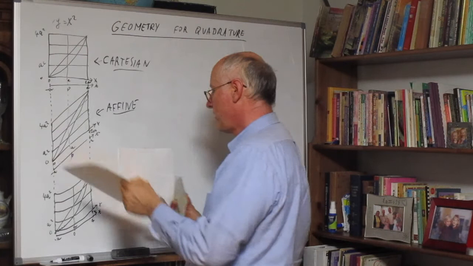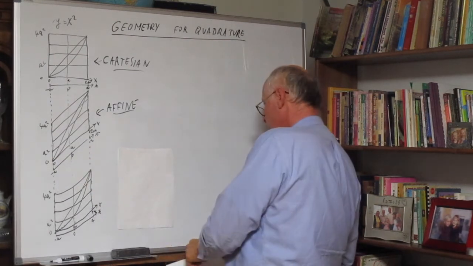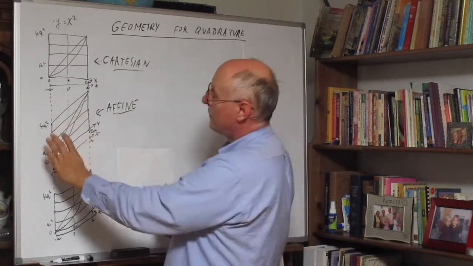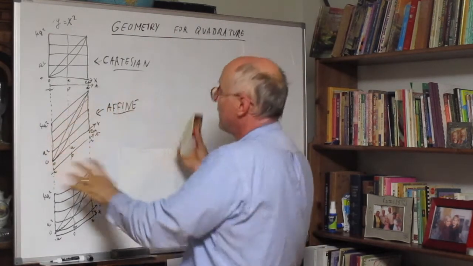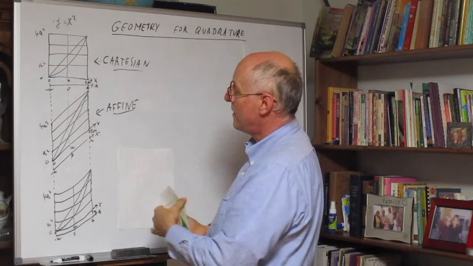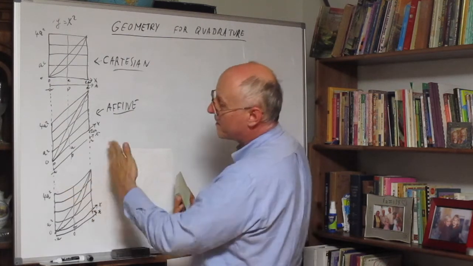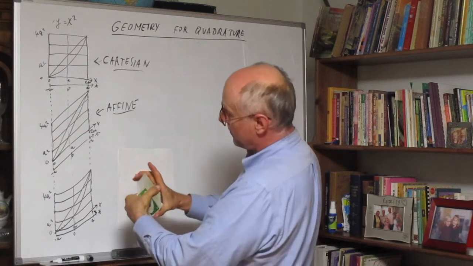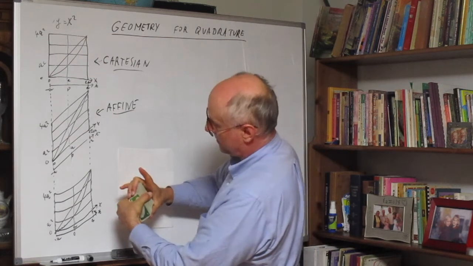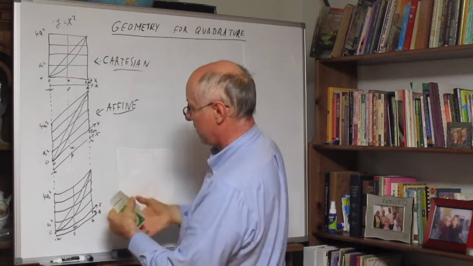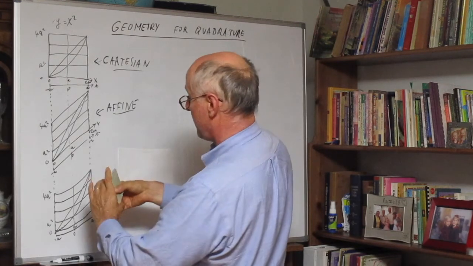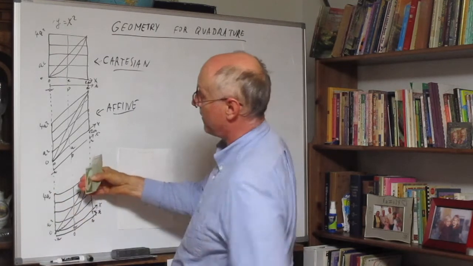Well, let's go further. Here's an example of kind of an affine system, but it's curved. Let's just say it's like this, right? It's curved.